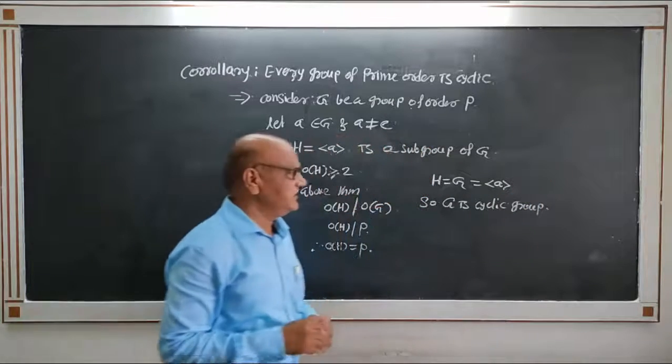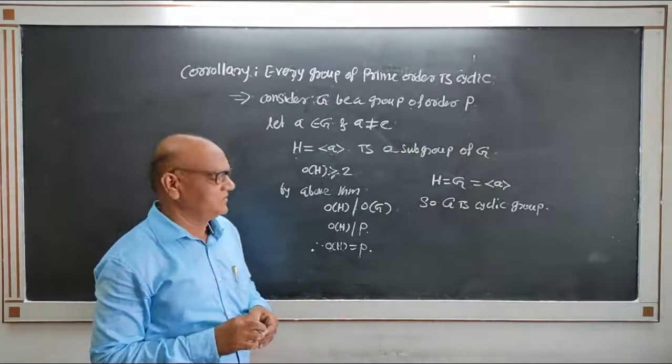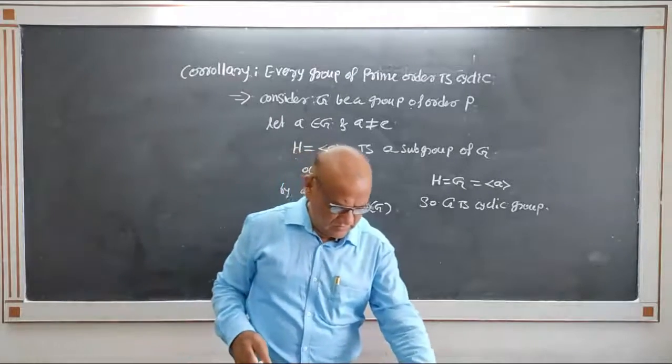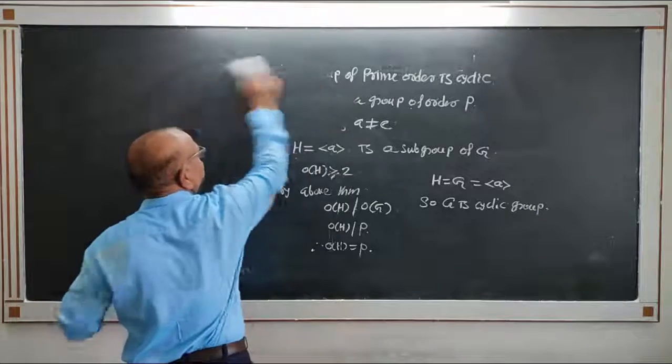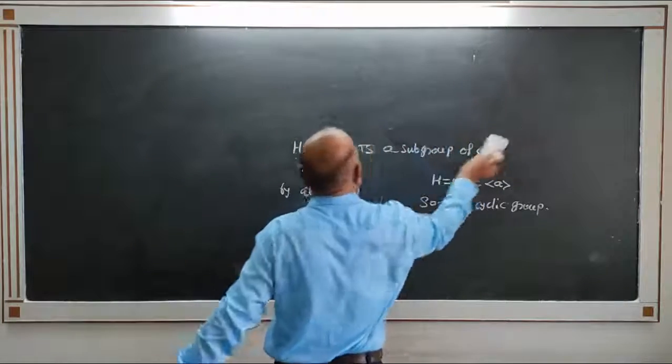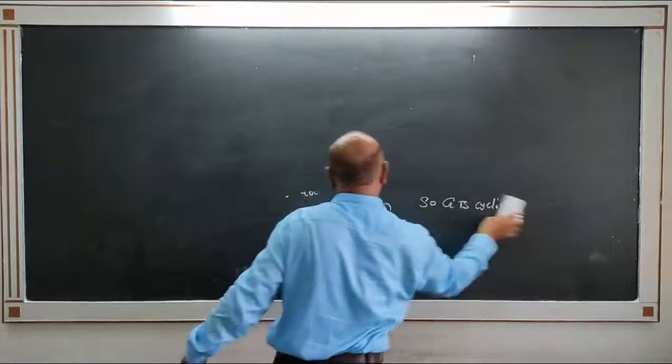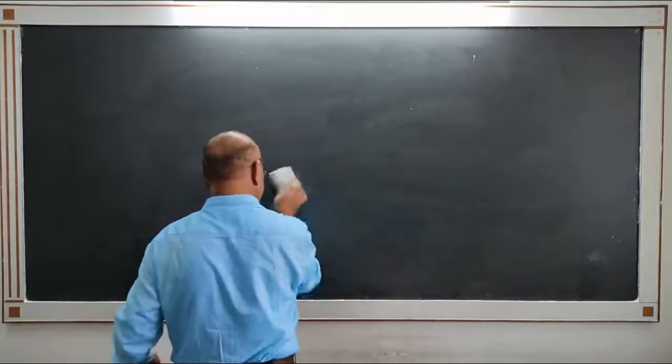So G is a cyclic group. Now one theorem: every group of prime order is cyclic. This is a corollary.